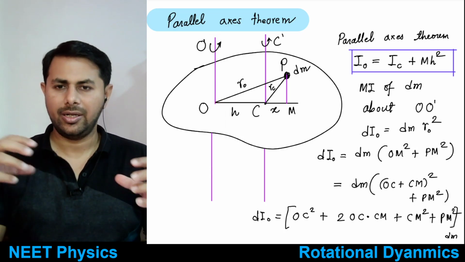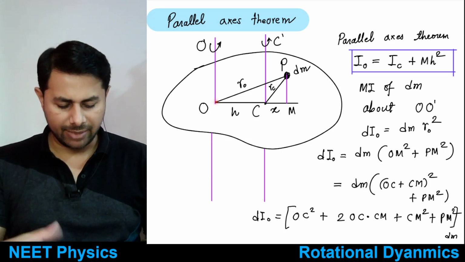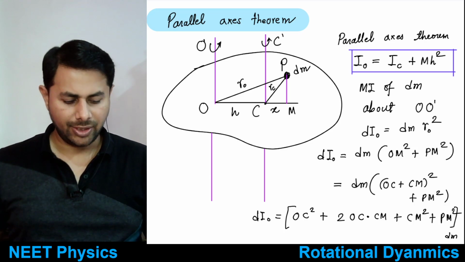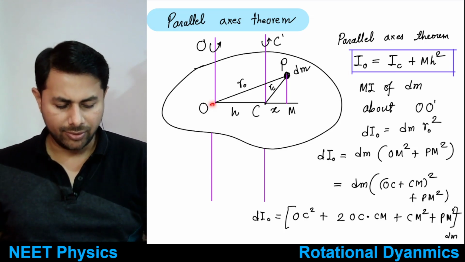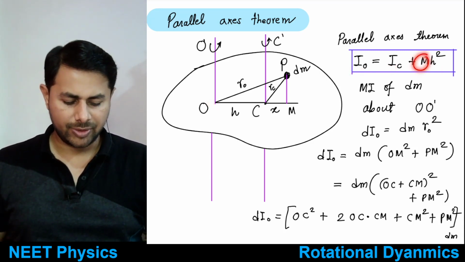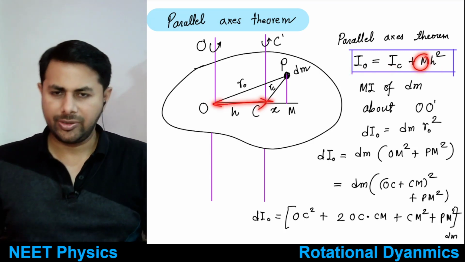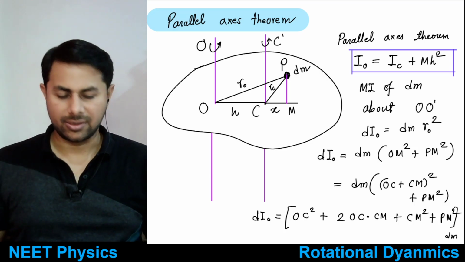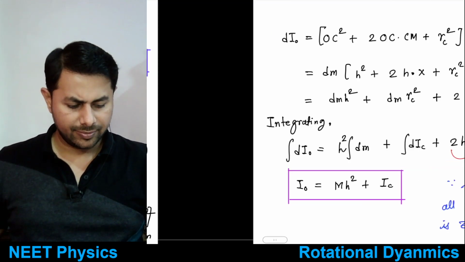The point can be an interior point or an exterior point too. Then you have IO is equal to IC plus mh squared. M is the mass of the body, h is the perpendicular distance between these two axes.